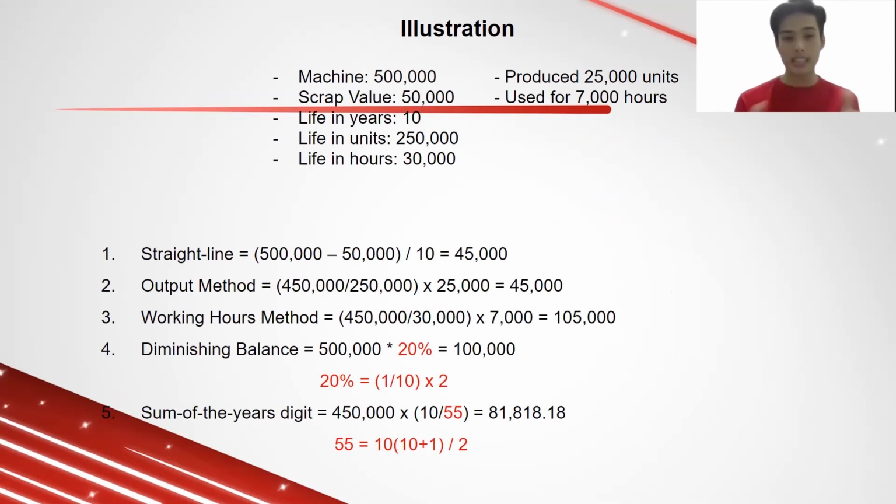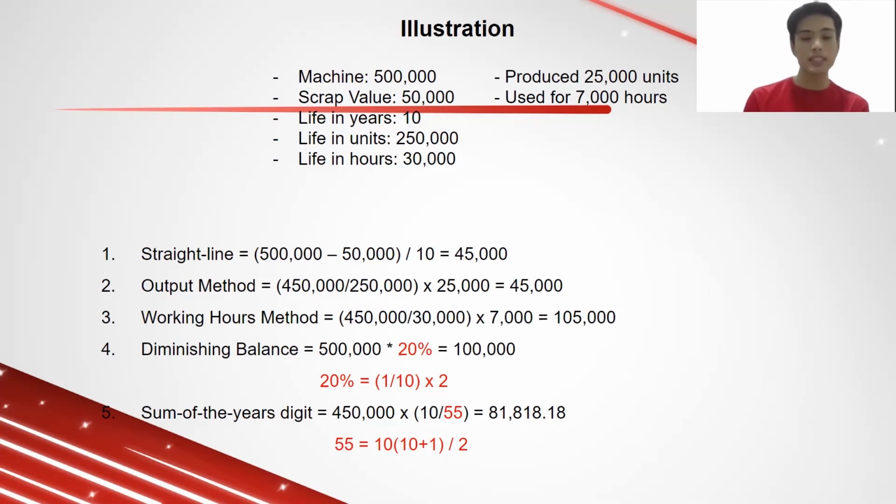You don't deduct the scrap value, hence the 500,000 is still intact, and you multiply it by the 20%. How did you get the 20% for double declining? Like I said, you first use 1, like a constant variable, divided by the estimated useful years, which is 10 in this case. So 1 divided by 10, and again multiplied by 2, you get 20%.